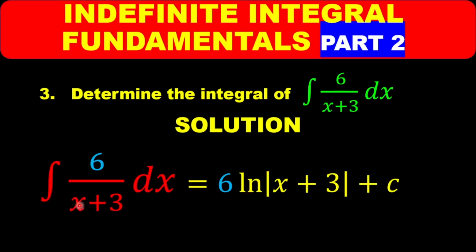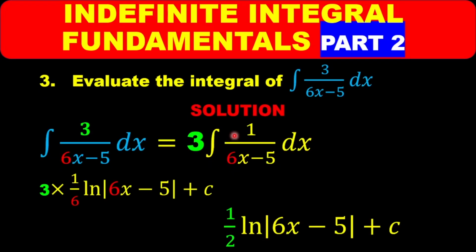So what I have here, x plus 3, is what you are seeing here. So it must be in absolute value. So that is absolute value of x plus 3. And then because we are dealing with indefinite integral, you add the plus c to it, and we are good to go. Okay, so the next question, we have evaluate the integral of 3 over 6x minus 5 dx.